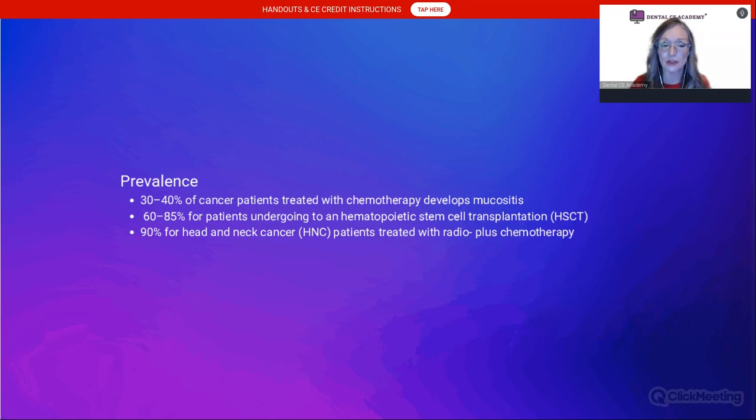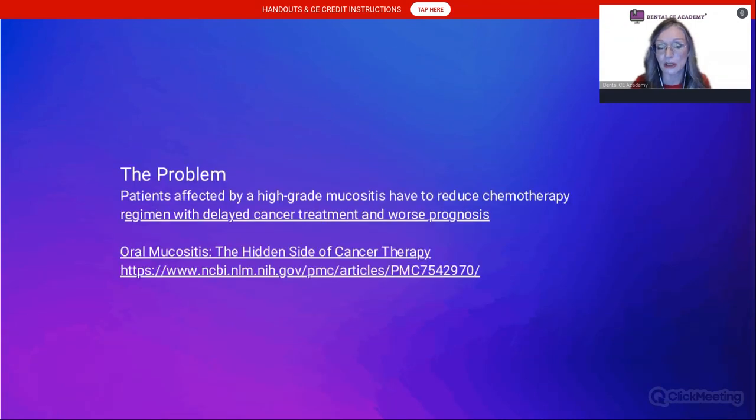Let's talk about the prevalence here. 30 to 40% of cancer patients treated with chemotherapy go on to develop mucositis, and 60 to 85% of those undergoing chemotherapy along with hematopoietic stem cell transplant. 90% of those for head and neck cancer patients treated with radiation plus chemotherapy. The problem here is that patients that are affected by high-grade mucositis have to reduce their chemotherapy regimen. And again, that can delay cancer treatment and worsen the prognosis.